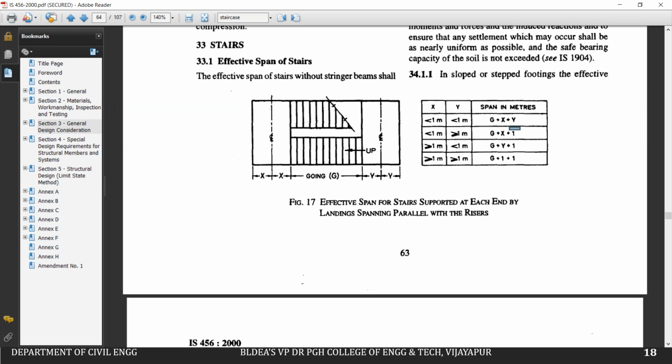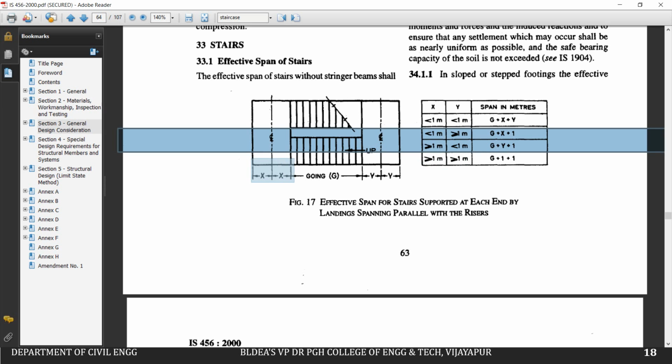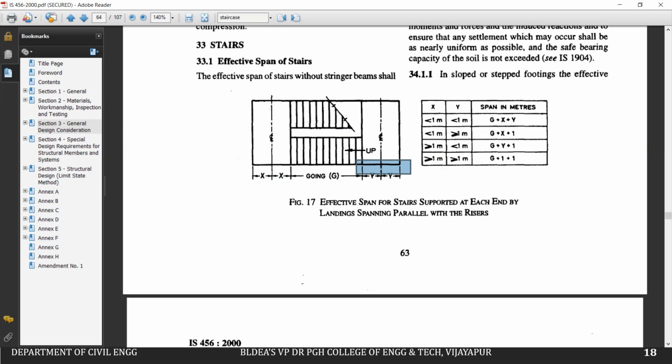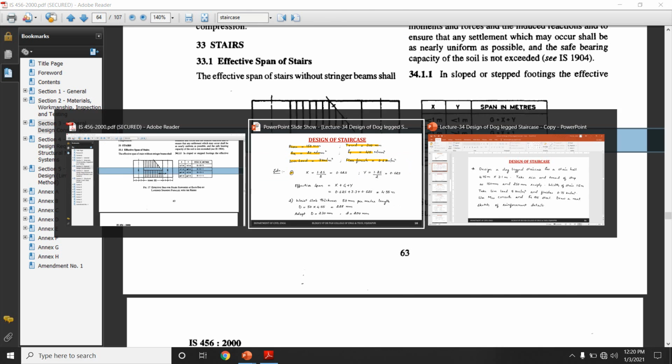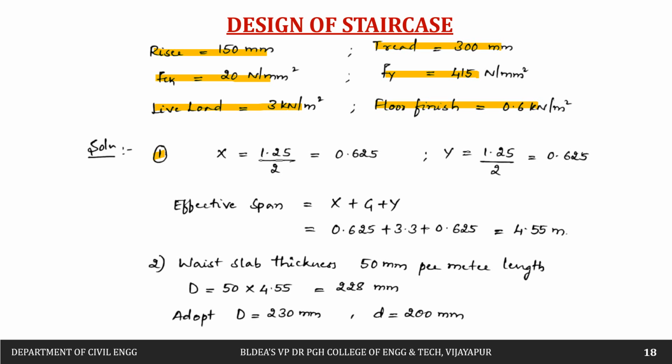If X is greater than 1, instead of X we will take 1, Y will be as it is, going plus 1 plus Y. If both are greater than 1, then we are going to use going plus 1 plus 1 meters, right? So here let us try to see now. We'll calculate: the landing slab width is 1.25 meters.